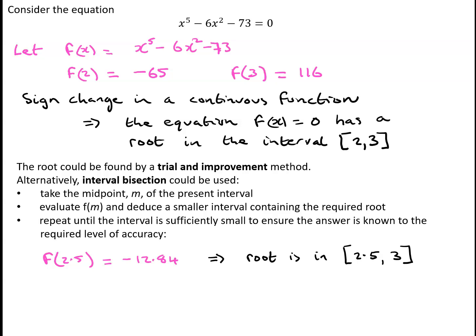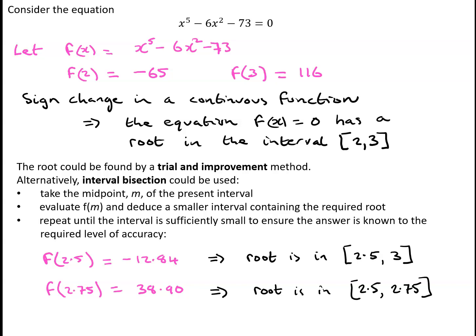I now repeat the process again. I take the midpoint of the interval, which is 2.75. I'm going to evaluate f of 2.75, which gives me 38.9. So I now know that f of 2.5 is negative, but f of 2.75 is positive.